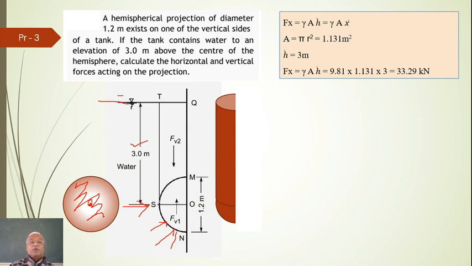Whatever colored volume is there, that whole weight will be acting in an upward direction on the surface SN as FV1. But what is FV2? FV2 is nothing but only this area, SMQTS, which will be acting vertically downwards.